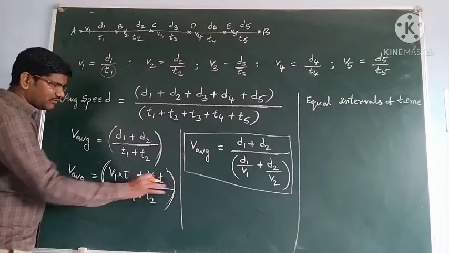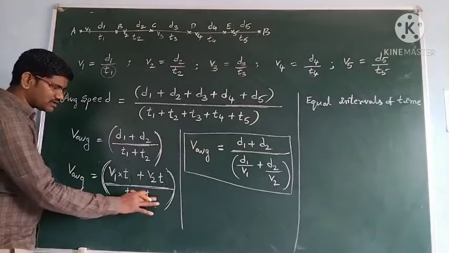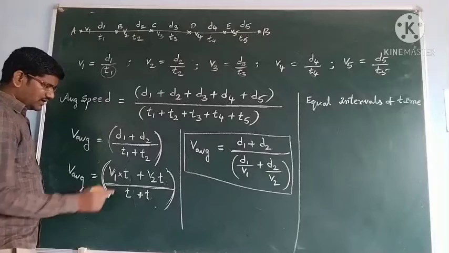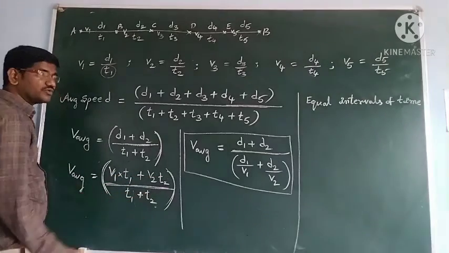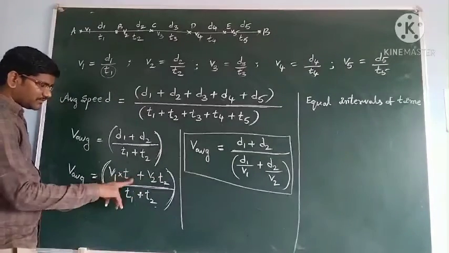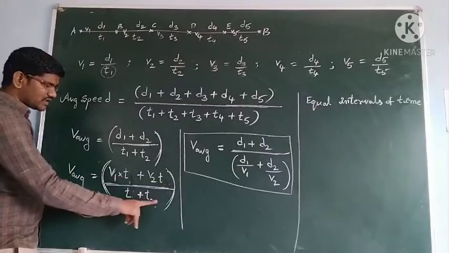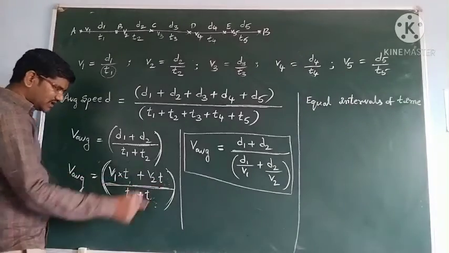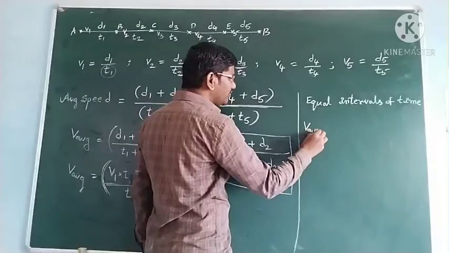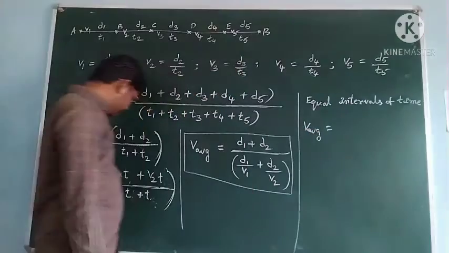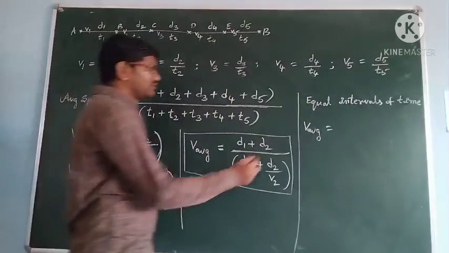So T1, T2 are same. V average is V1 T1 plus V2 T2 by T1 plus T2. So time intervals are equal, T1 and T2 are the same, T, and you take T common here. Then how does the formula change, you see students? V average is equal to V1 plus V2, what will you get?